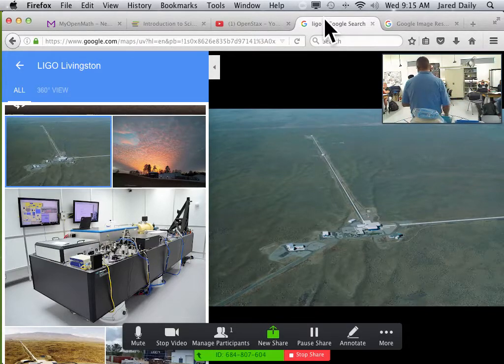But every once in a while, you're going to have something really big happen out there. Something huge is going to happen, like the collision of two black holes. Black holes are the most massive things in the universe as far as we know. And when two of them collide, they create a new black hole that's even bigger. But they also create a big wave in gravity when that happens.